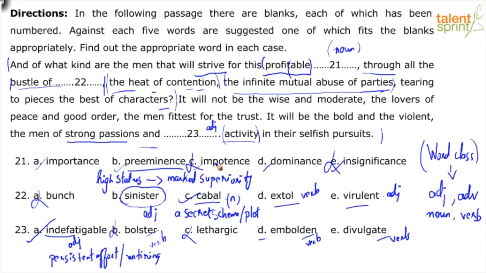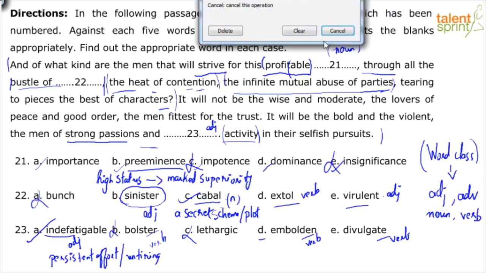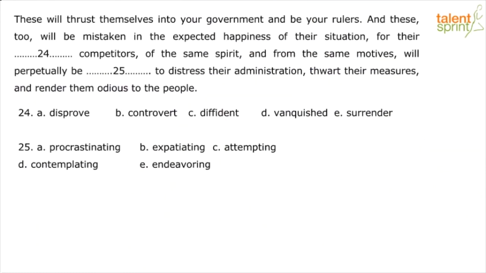How did we arrive at that? We looked at surrounding context. Surrounding context was giving us an idea: the heat of contention, the infinite mutual abuse of parties, tearing to pieces the best of characters. So we said, hey, we need a word class here. In the third, we again applied pure word class and eliminated wrong answer choices. We said, hey, we need a descriptive word describing the activity. So let's move on. Let's look at the last two blanks quickly.